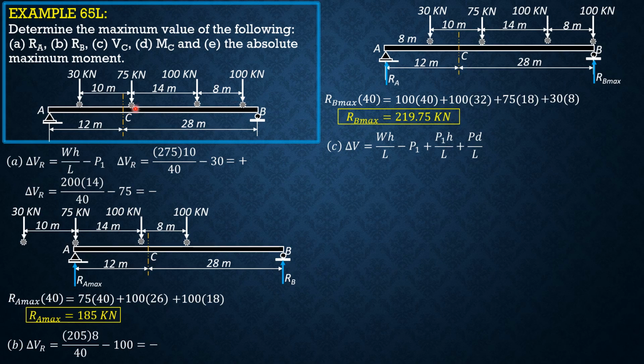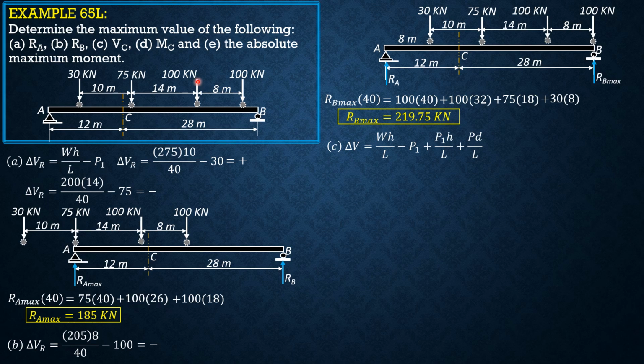So we proceed with the 75 kilonewton load over C. Our H is 10. When the 75 kilonewton load is over C, this will be an incoming load.